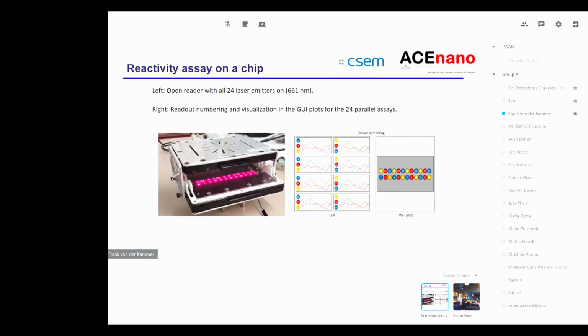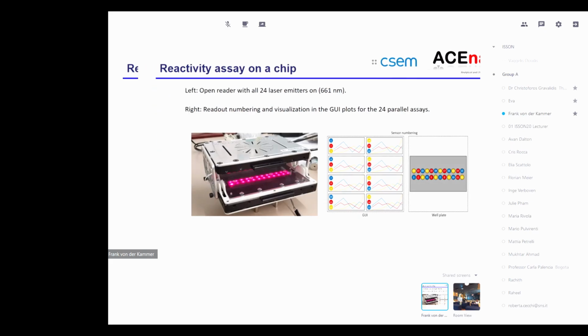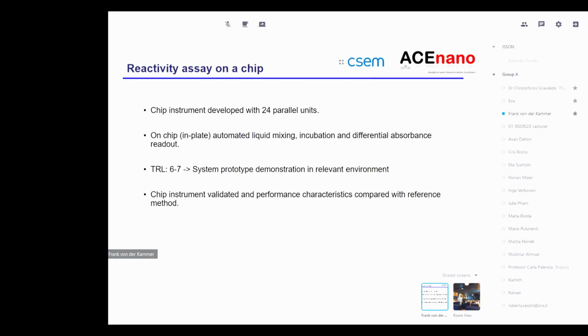And this is how it looks in practice. So you have 24 laser diodes that are illuminating our readout wells, and so you can read out with high time resolution and in high parallelism 24 different samples. So the chip instrument that has been developed has 24 parallel units.